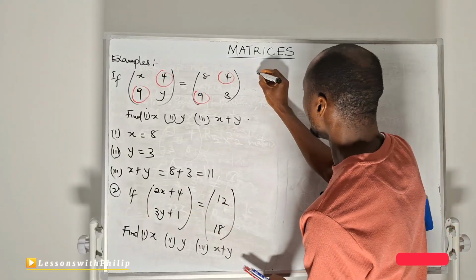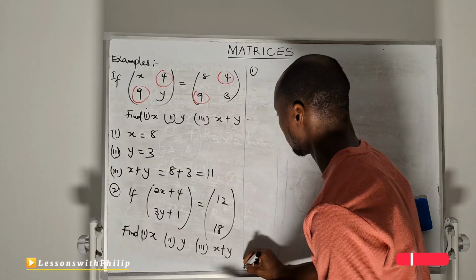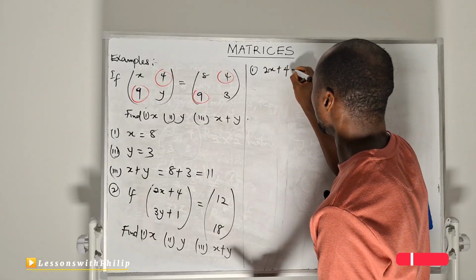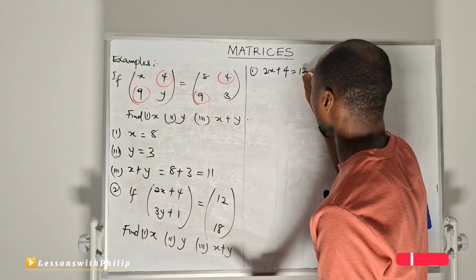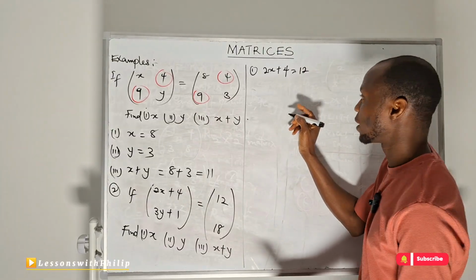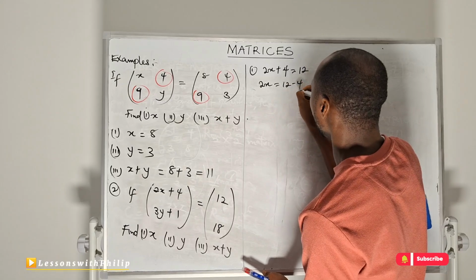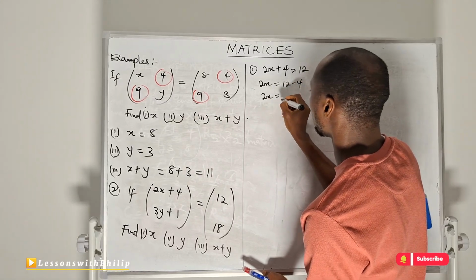So therefore, my first question says, my 2x plus 4 will now be equivalent to 12. If you subtract 4 from both sides, you have your 2x equal to 12 minus 4. And your 2x is equivalent to what?